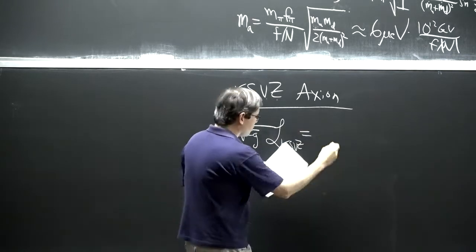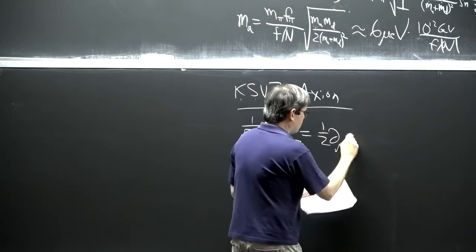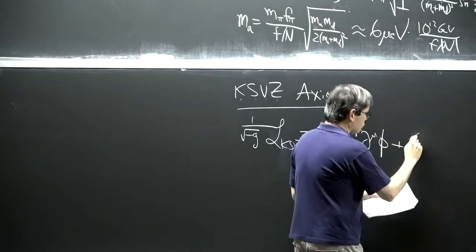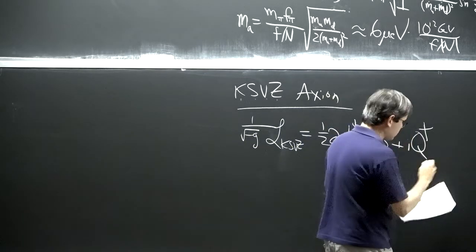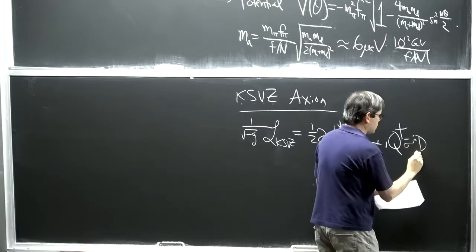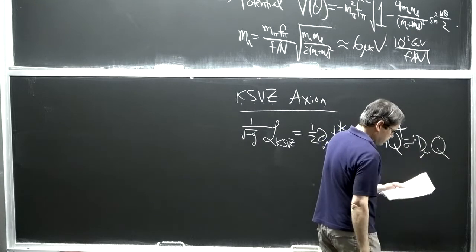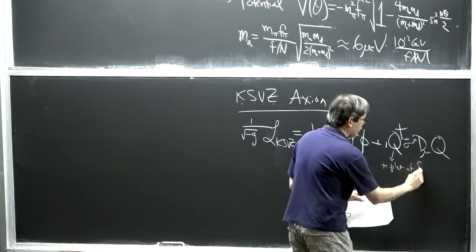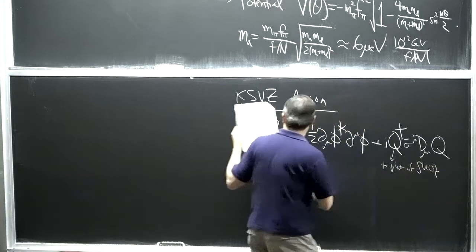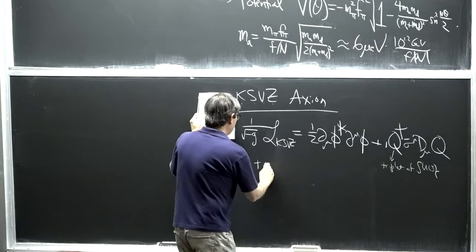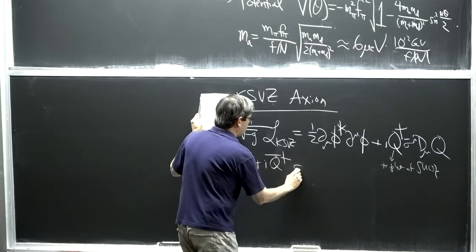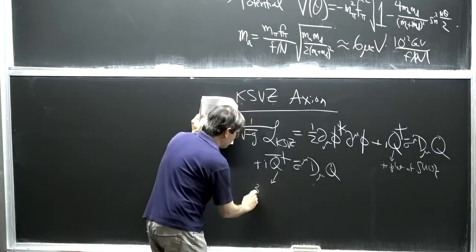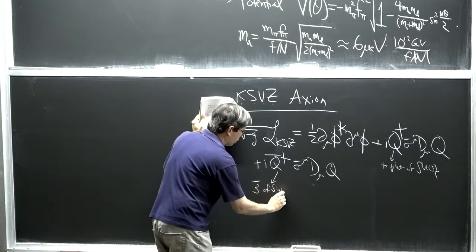And this is some extension of the standard model. It involves a complex scalar field phi and 2 heavy quark fields: Q, which is a triplet of SU(3) color, and Q bar, which is a 3 bar, an anti-triplet of SU(3) color.